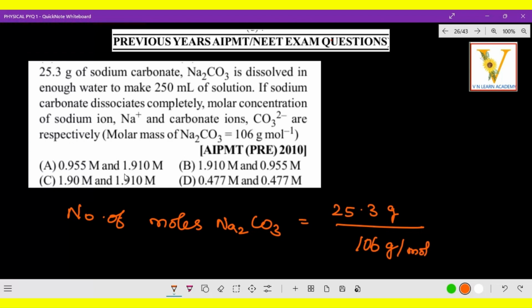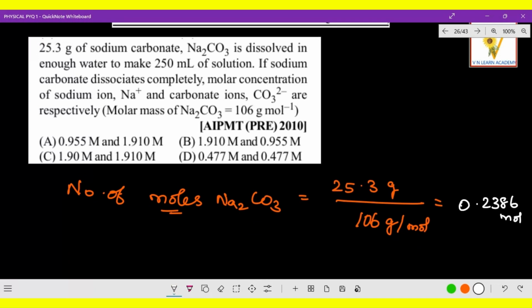We only have to identify the number of moles. When you calculate, you will get 0.2386 mole.